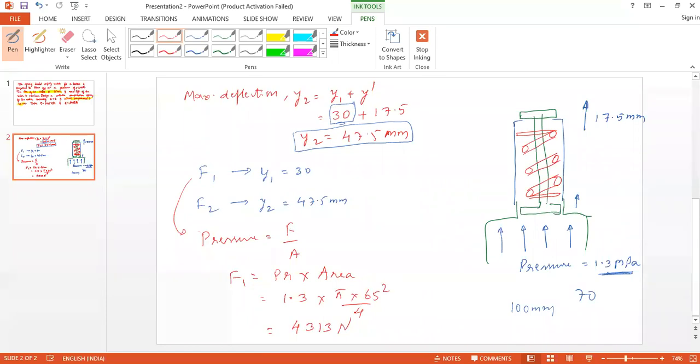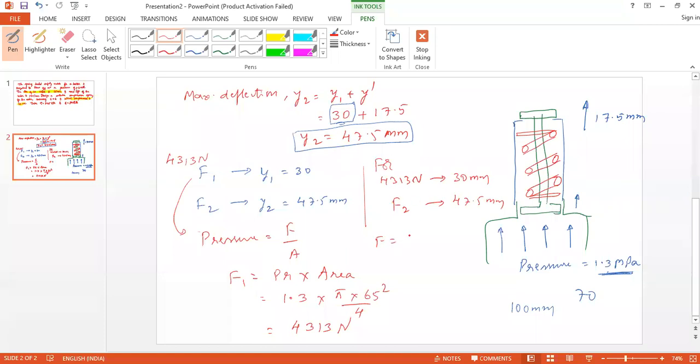So for 4313 Newton, there is a displacement of 30 mm. And what will be the value of F2 for a displacement of 47.5 mm?